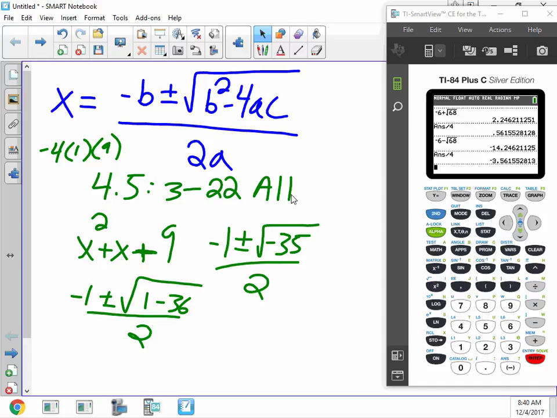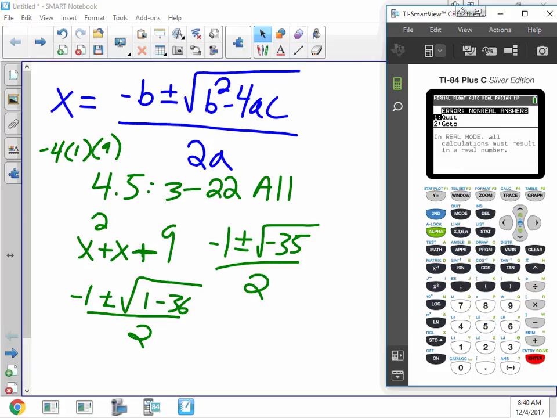So I try to type that in my calculator. Negative 1 plus the square root of negative 35, and I hit enter, and I get error. Why? You cannot have a negative underneath a square root. So this does not mean no solution, because I just told you that every quadratic does have two solutions.